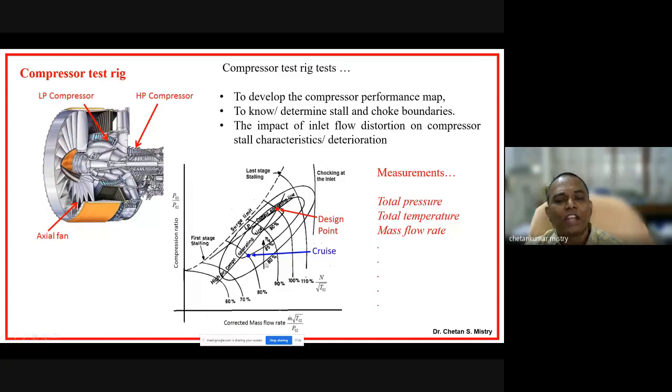When I am flying at cruise condition, my thrust requirement is lower. That is the reason my pressure ratio requirement is lower, and my compressor speed is lower. So you are operating under different conditions: different speed, different mass flow rate, different pressure. And at the same time you will have different efficiencies because it is working in different conditions.